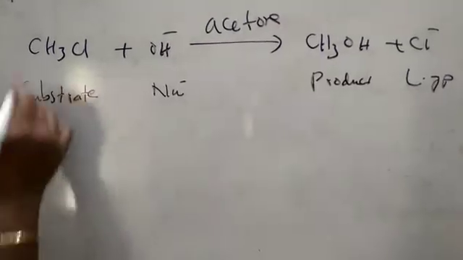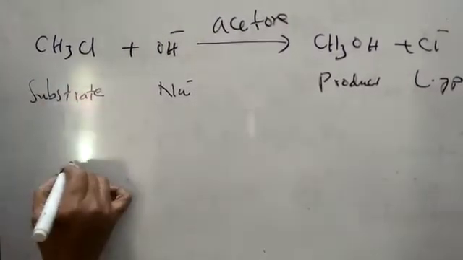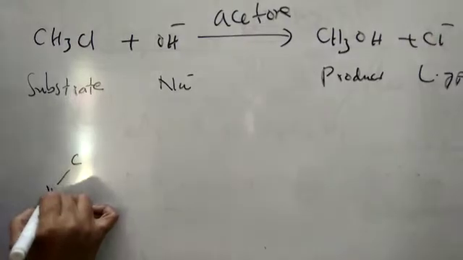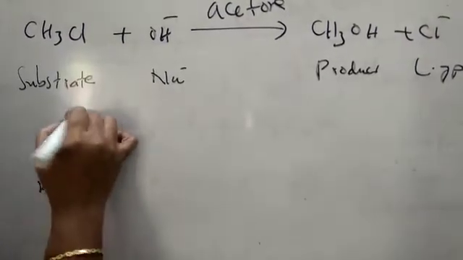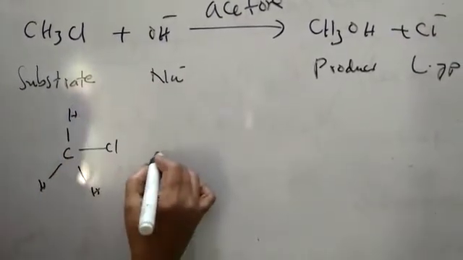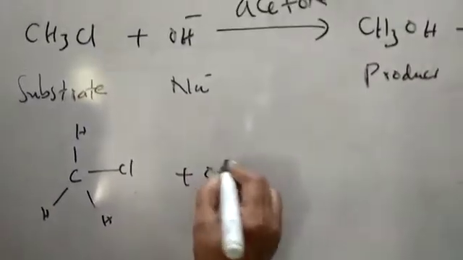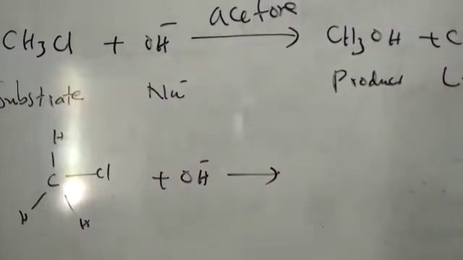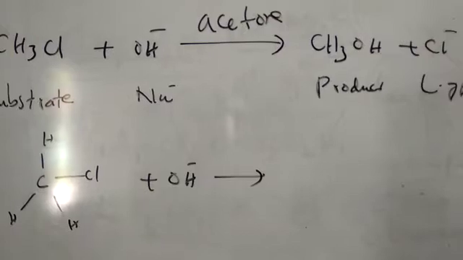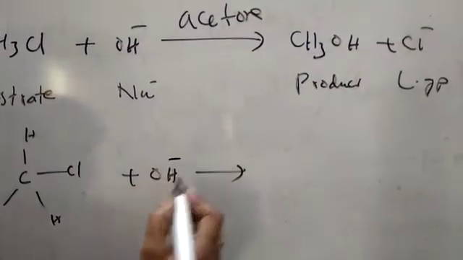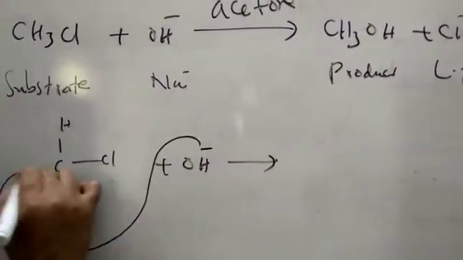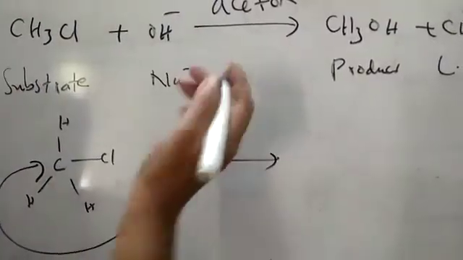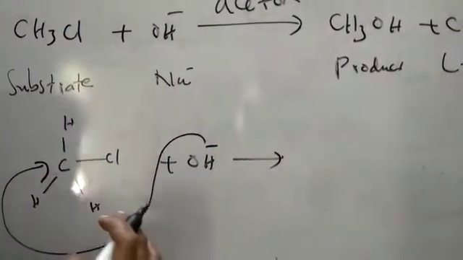Now what is happening here? I am giving this in the expanded form. Here is the same methyl chloride with Cl, and your nucleophile is coming to attack from the backside. This is the nucleophile going to attack. This is the overall mechanism.